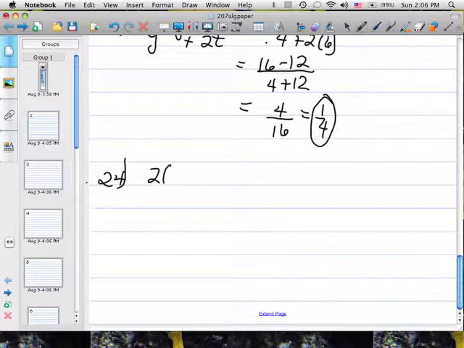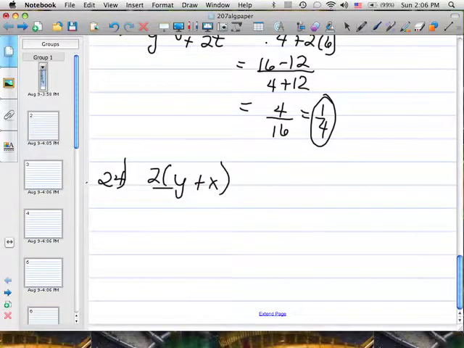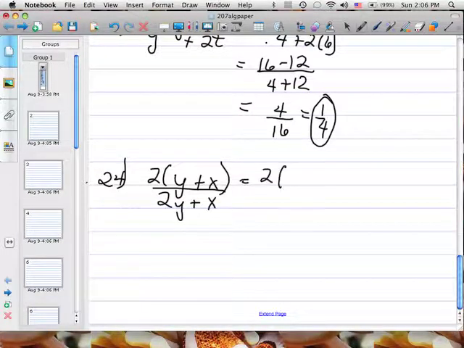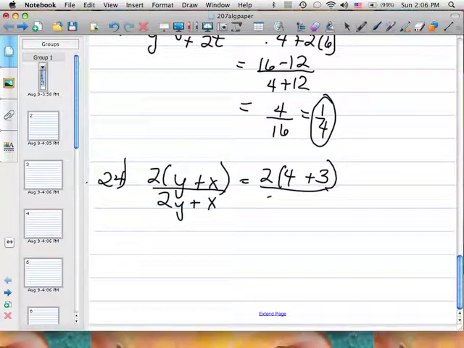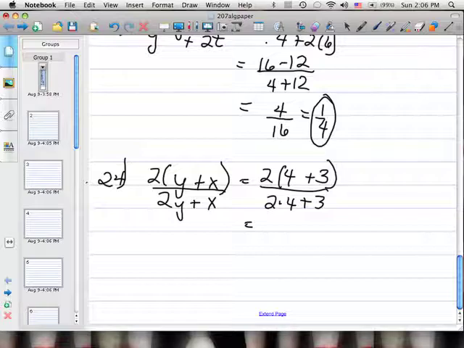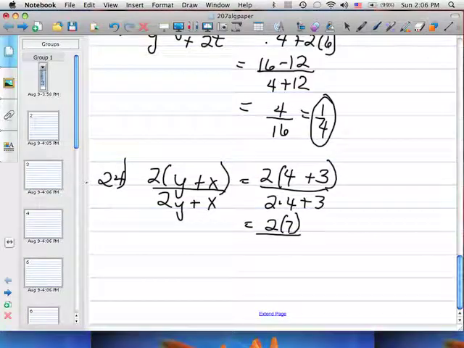Problem number 22. We have 4y minus 2t divided by, use 2 lines for the fractions, y plus 2t. Substituting the values in, it'd be 4 times 4 minus 2 times 6 over 4 plus 2 times 6.